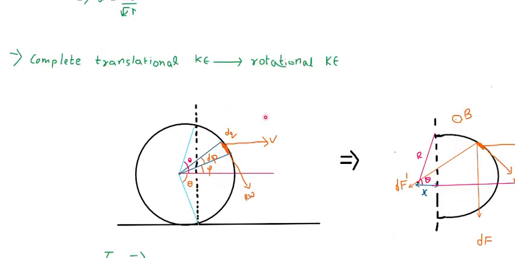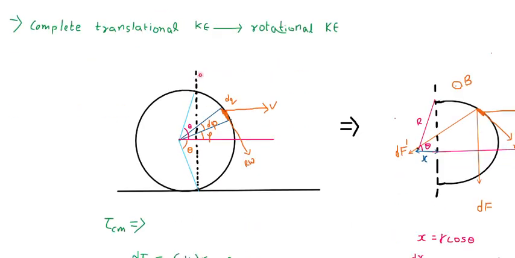Why? At a general time t, I drew a diagram. At general time t, we have considered an elemental charge dq here. If we look from the center of mass frame, it has a velocity v in the horizontal direction and the tangential velocity r omega.